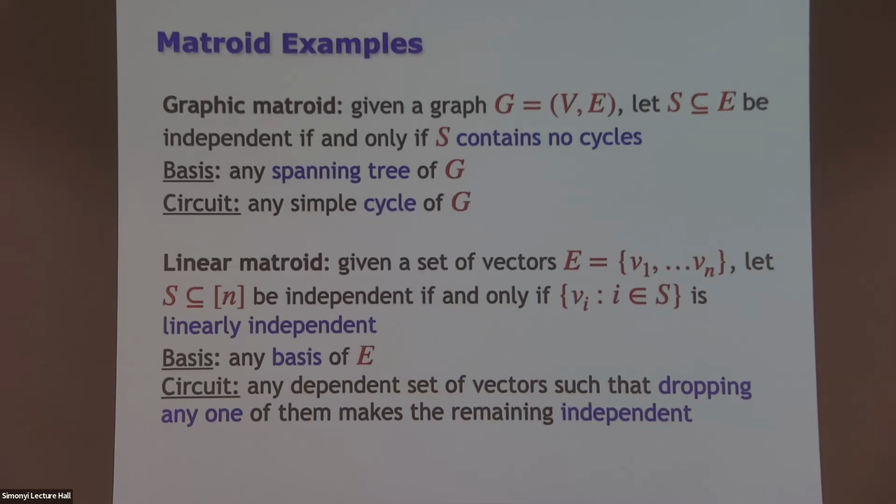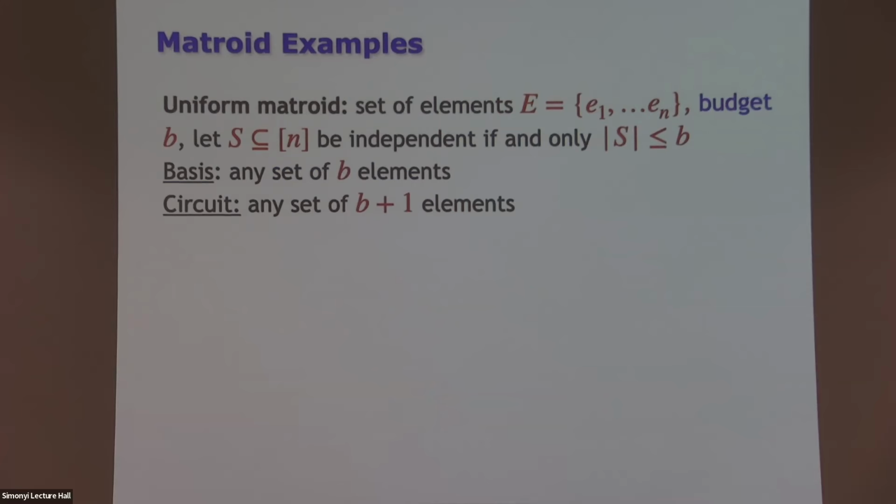A circuit is any set of linearly dependent vectors such that if you delete any single one of them, it becomes independent. Still certainly well defined. Likewise, in the uniform matroid, a basis is just any set of B elements. A circuit would be any minimal set of elements which exceeds your budget B, and so necessarily it would just be B plus one elements.